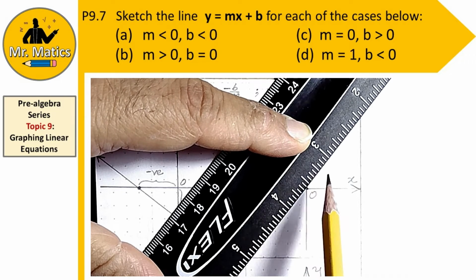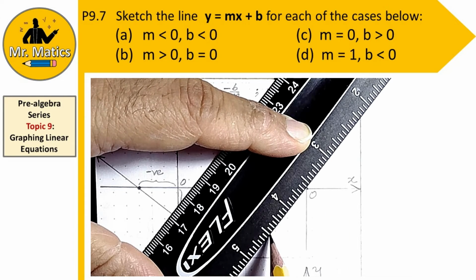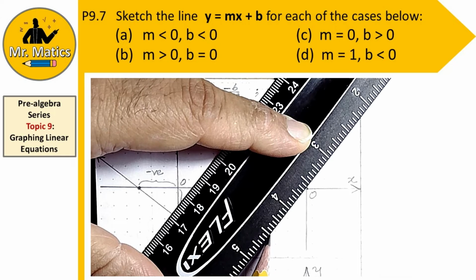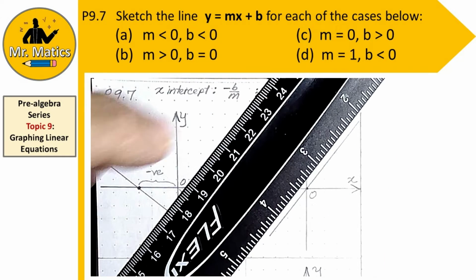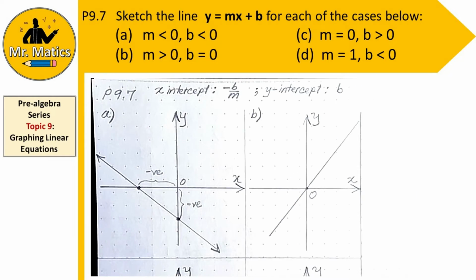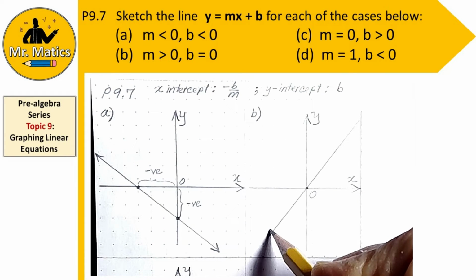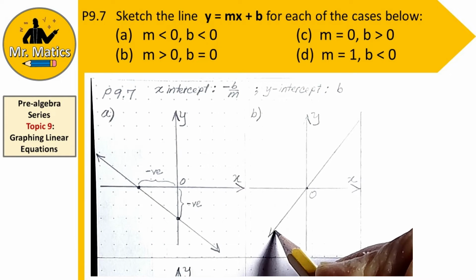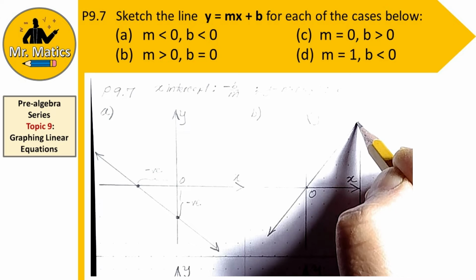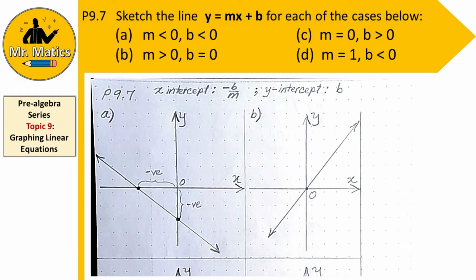Rise is there, run is also positive. So that would be an example of m greater than 0 and b equals 0. Okay.